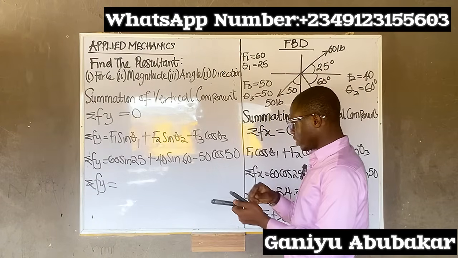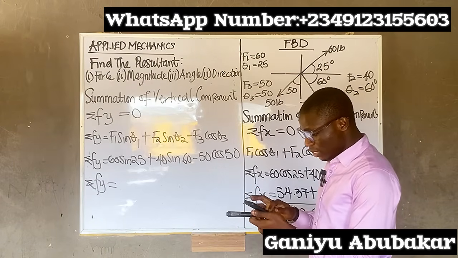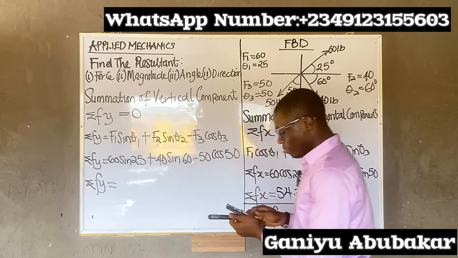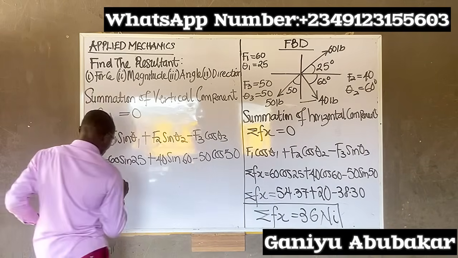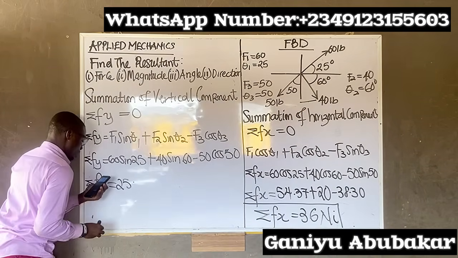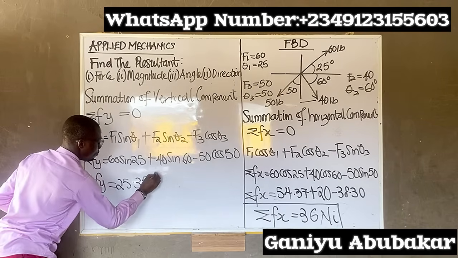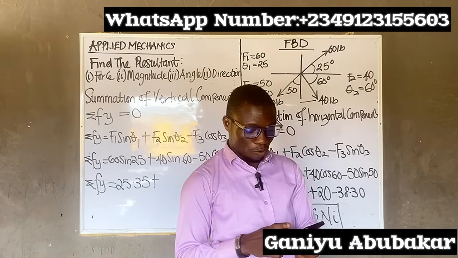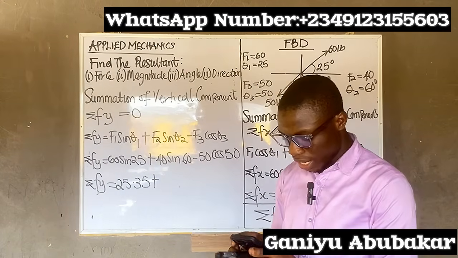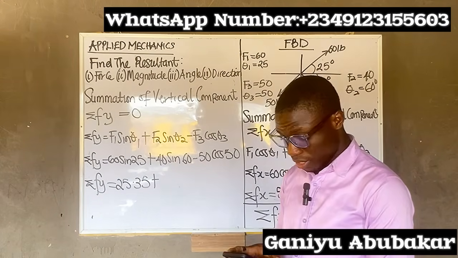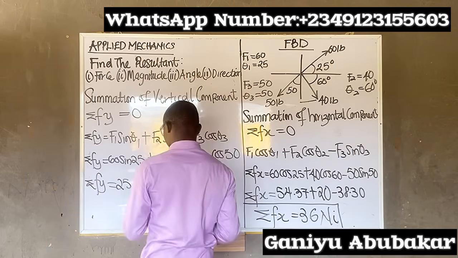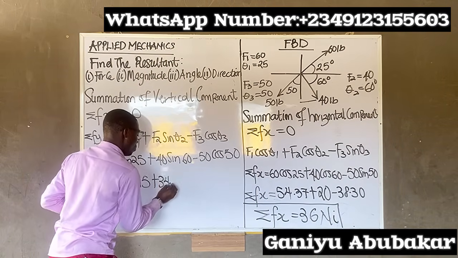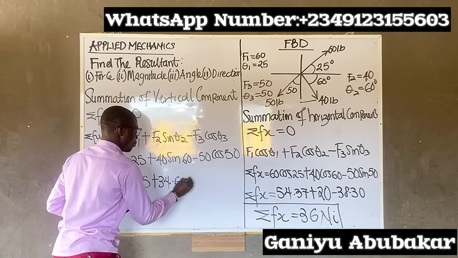Let's see what we get. From here, if I punch 60 sine 25, this one gives you 25.35. Plus, let's do 40 sine 60. That gives you 34.64.